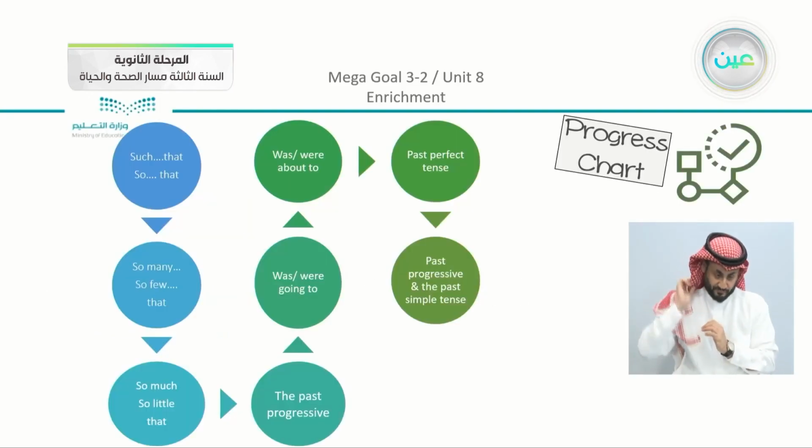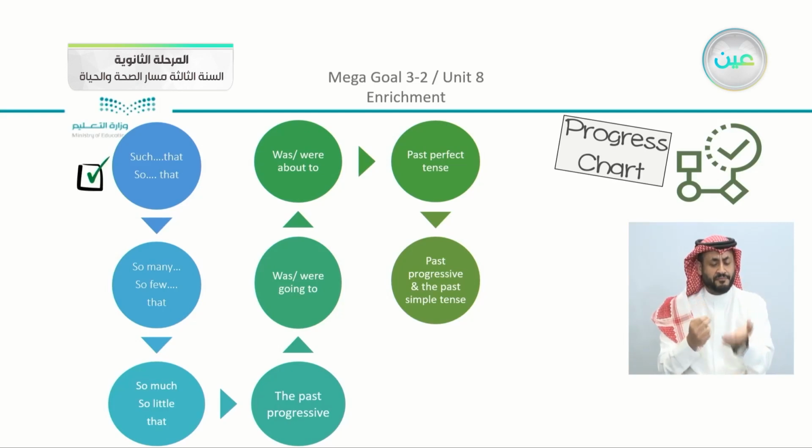We have reached the end of our enrichment here. So what did we do? We first revised such, that, and so that. We also revised so many, so few with that. We also had in our grammar lesson so much, so little, that.